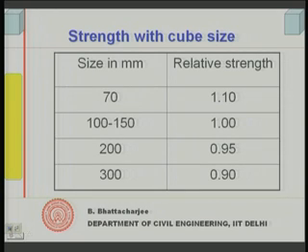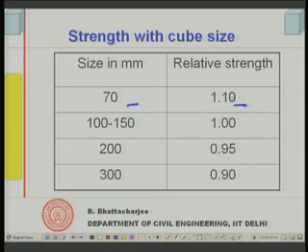It has been observed that with cubes of 70 millimeter, you get a 10% increase in strength, and for 100 to 150 there is no effect. So, whether you use a 100 millimeter cube or a 150 millimeter cube, it is the same. Use 200, 5% reduction; 300, about 10% reduction. So, a plus or minus 10% variation due to size can be expected while testing concrete.